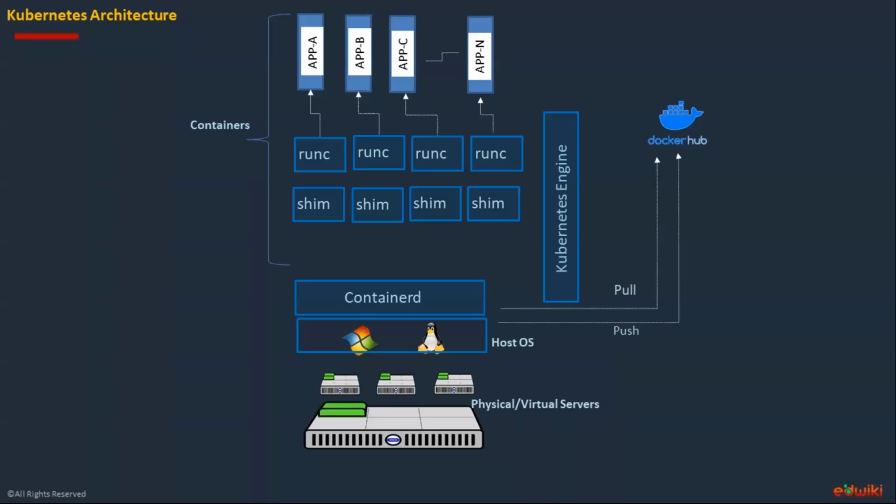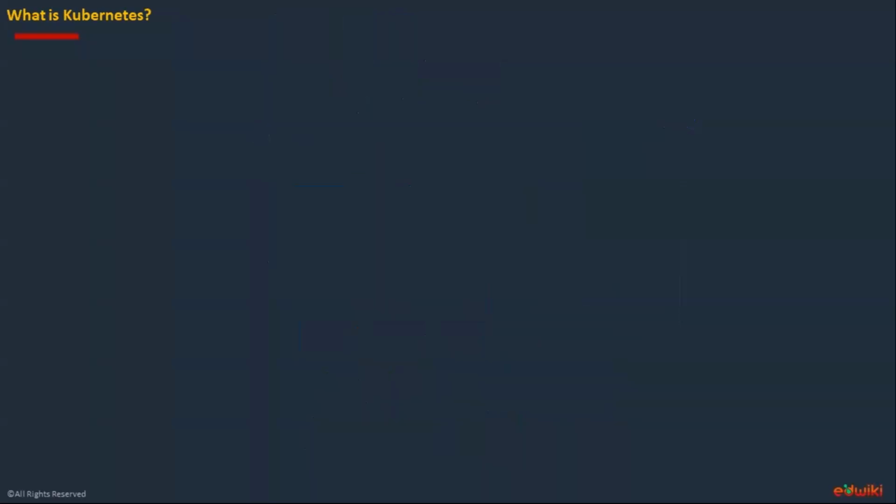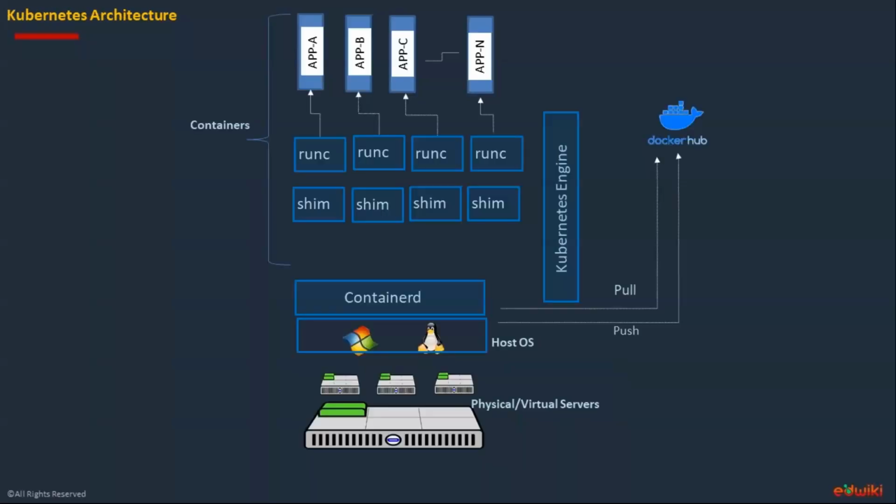That makes sense, right? Why should the Docker engine be there when Kubernetes knows how to talk with containerd directly? For that reason I'm spending some time to give you all this context. But at the end of the day, you will never worry about containerd, shim packages or runc packages.